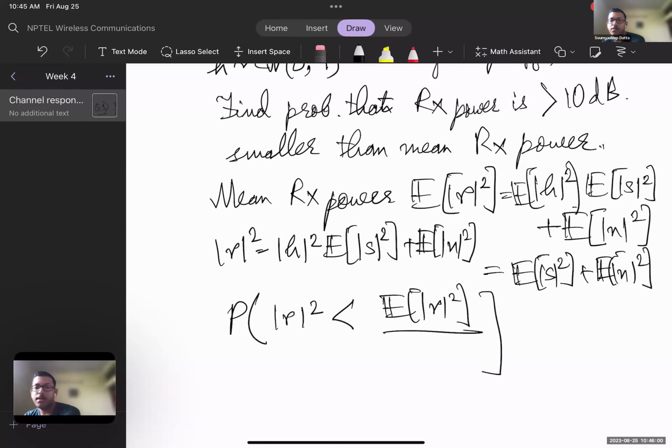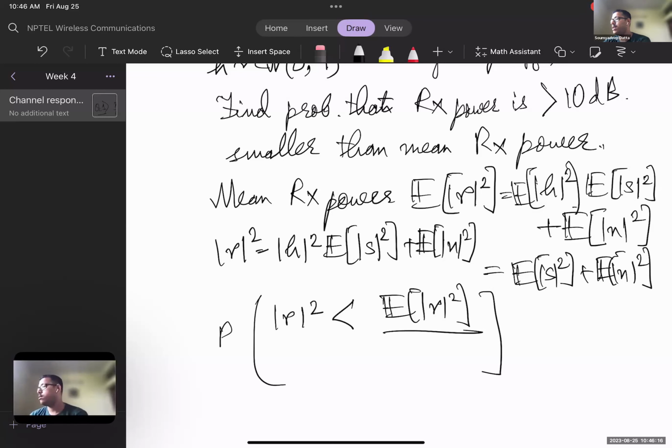So it's even worse. That is why I have the less than sign here, because we needed it to be below 10 dB, or even below.